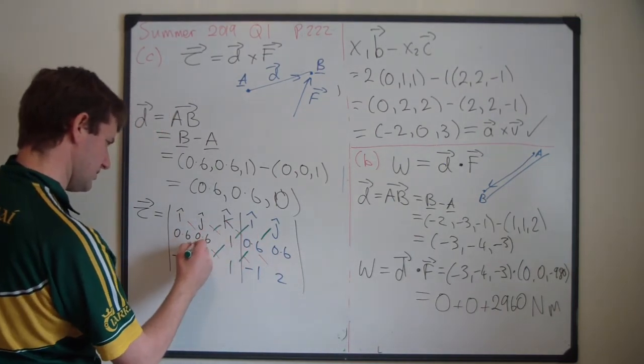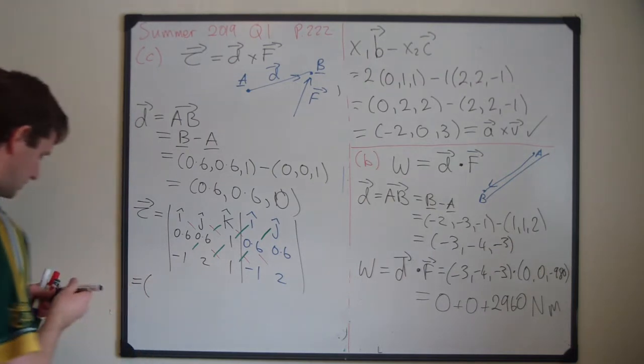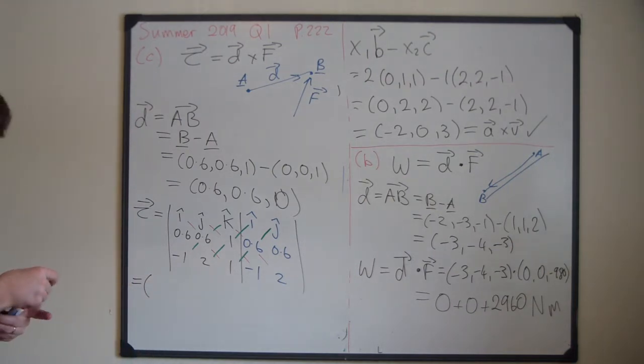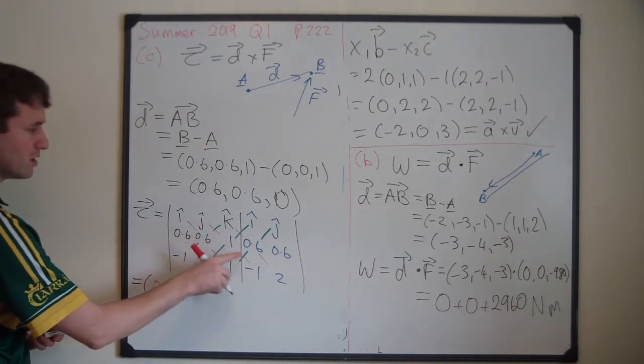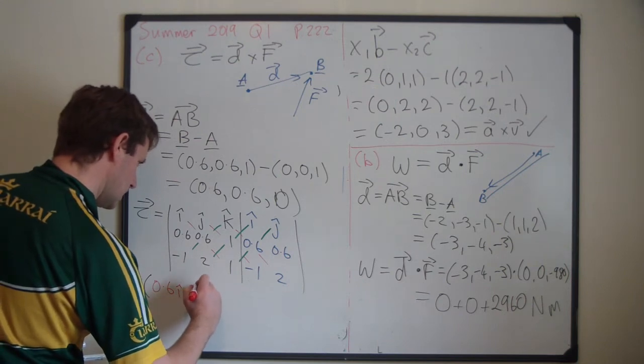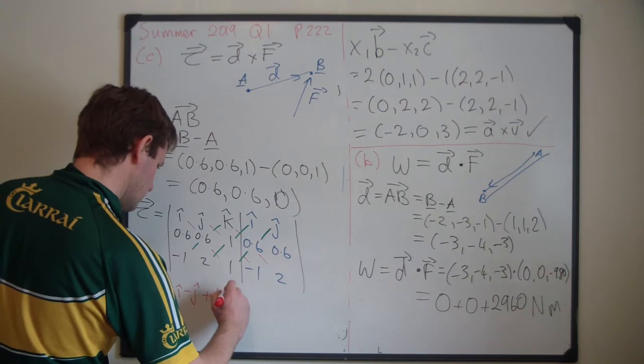Here, because I drew it a bit funny, I could have drawn it a bit bigger and it might have been easier to follow. Anyway, the right down diagonals: i by 0.6 by 1, which is 0.6i. j by 1 by minus 1, that's minus j. k by 0.6 by 2, that's plus 1.2k.